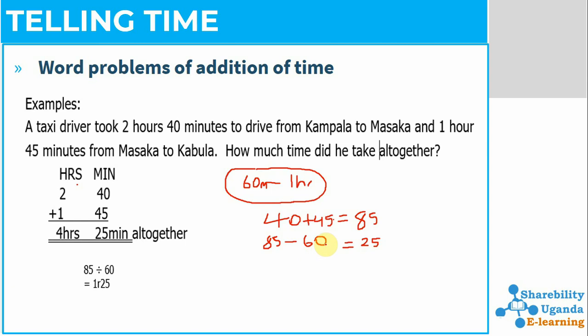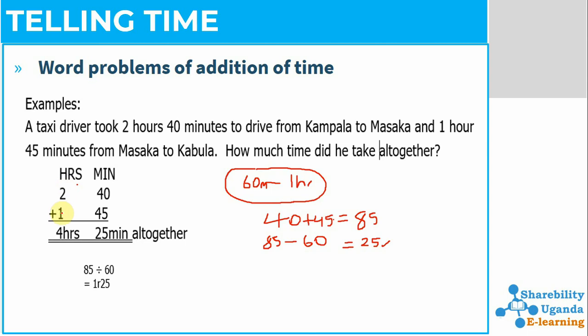So that means we have 1 hour already that we are going to top up to the column of hours, and we get the minutes which are remaining. So we write the 25 minutes here, and the 1 hour, which is 60 minutes, we add to the hours.